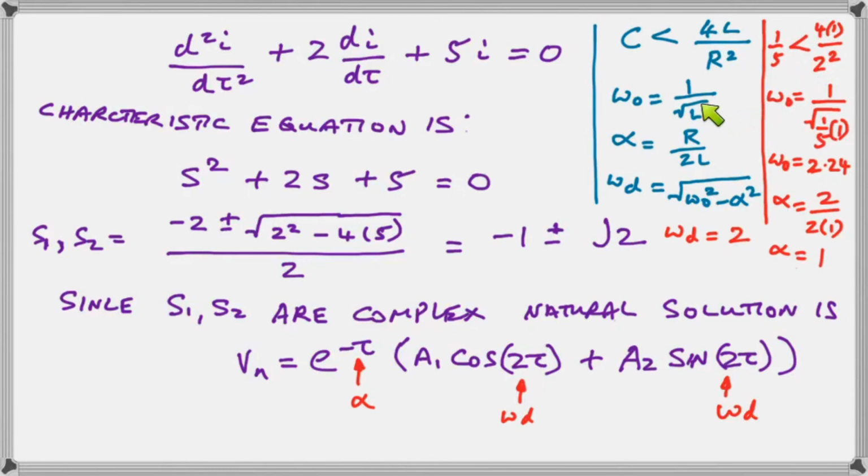This part gives us omega O, or the natural frequency, quickly from the L value and the C value. This part gives us the damping coefficient quickly from the R and the L. And the damped frequency, omega D, we get from the omega O and the alpha. So we can do this calculation here in red and plug in the numbers down here as well.